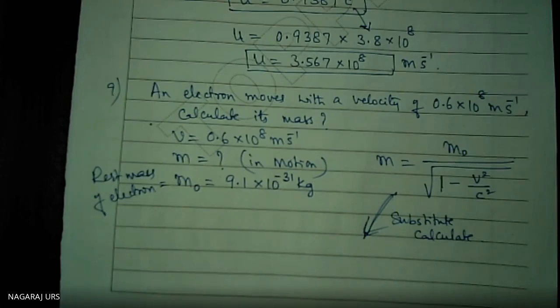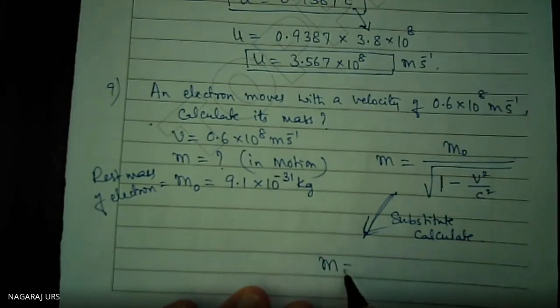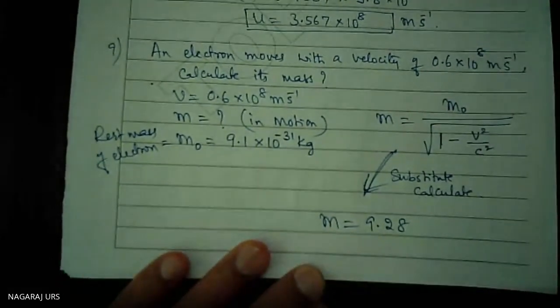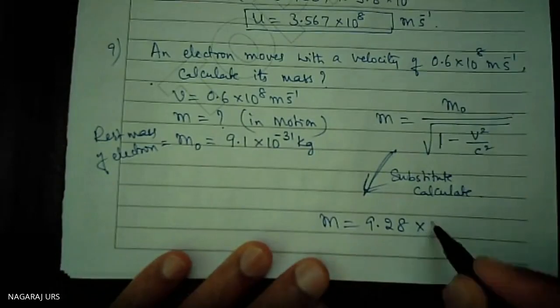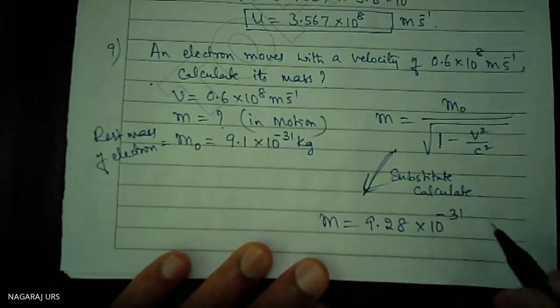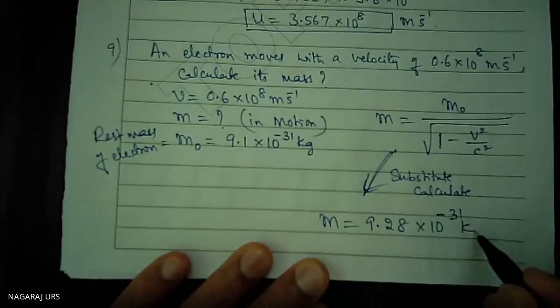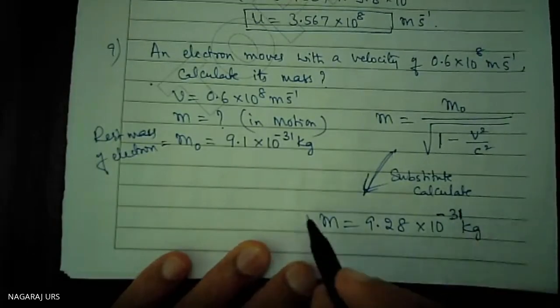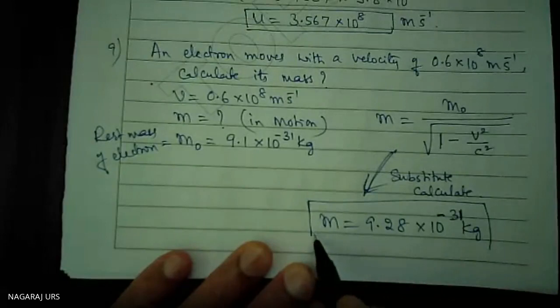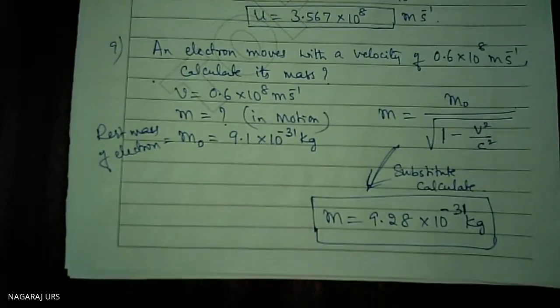Jifli, Rego, 9.28 times 10 to the power. Sandhya, 9.28 times 10 to the power of minus 31. Yes. How many of you got the answer? Congrats. This is the correct answer.